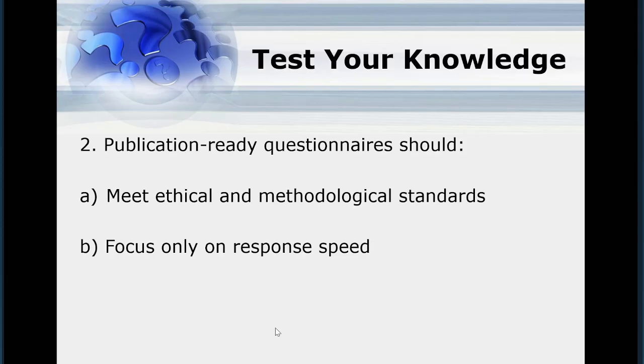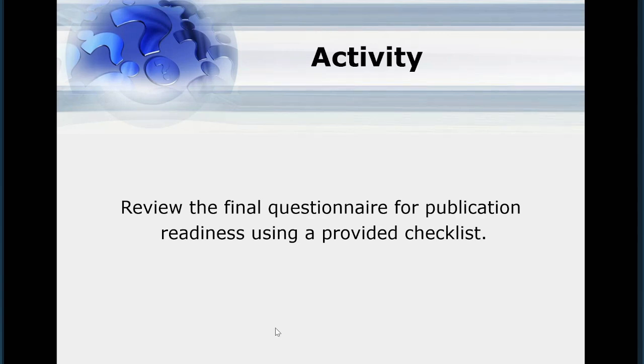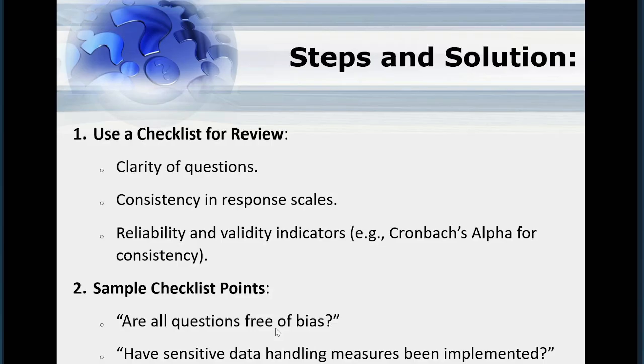You can review the final questionnaire for publication readiness using a provided checklist. For this, you can use a checklist for review, such as clarity of questions, consistency in response rates, and reliability and validity indicators, such as Cronbach alpha for consistency.